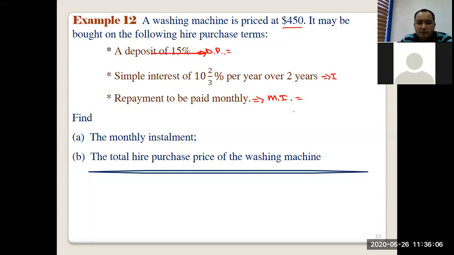So what is the down payment? From here we can find that it is 15% of $450, which is equal to 0.15 times 450. That's equal to $67.50.